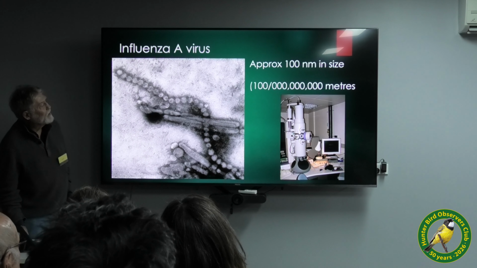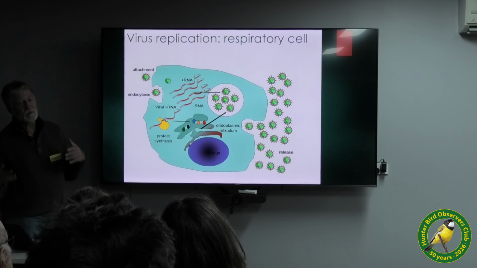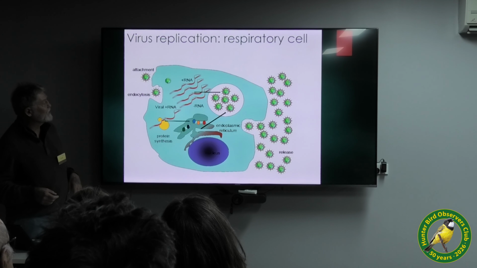The other thing to appreciate is that viruses can't exist on their own. They're not like bacteria or animals. They can't live on their own. They must multiply within another cell.